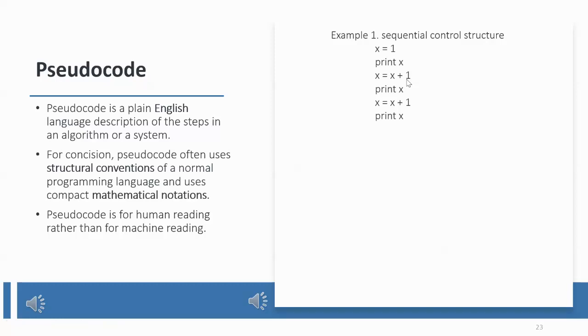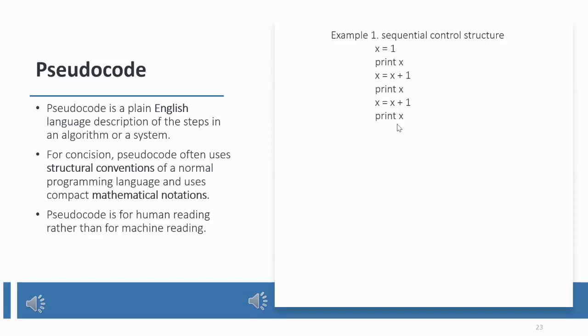The sequential control structure just shows the algorithm listed in some steps. The step-by-step list shows the sequential control structure. It's actually the natural sequence executed by the computer, because the sequential control structure is implemented by the computer hardware.